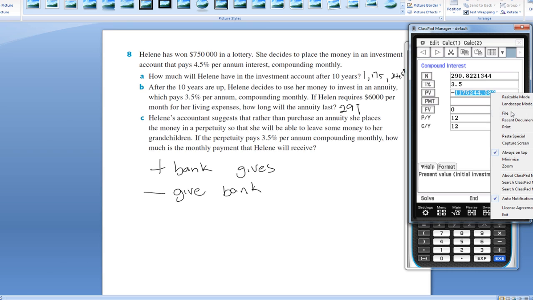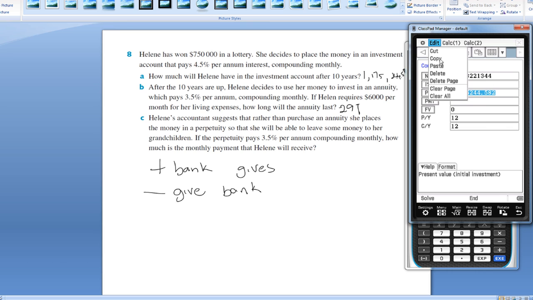So what we're going to do is copy, edit, copy, and stick that into the future value. Paste. Alright, so basically what we're saying is we're going to keep taking money out or making payments, and the payments we want to take out are monthly payments. So we're going to switch the number of periods or installments to 12.